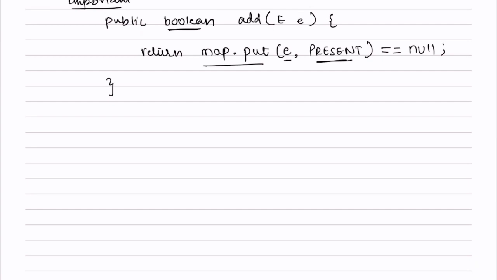However, if that key itself is already present in the HashMap, it will replace the old value with the new one, since it does not allow duplicate keys, and it will return the value of that particular key which was replaced. Okay, so this is a bit complicated, I think.